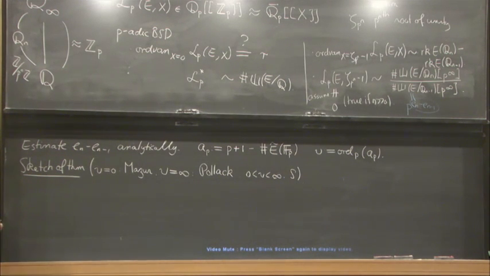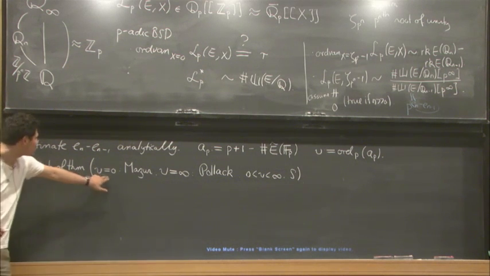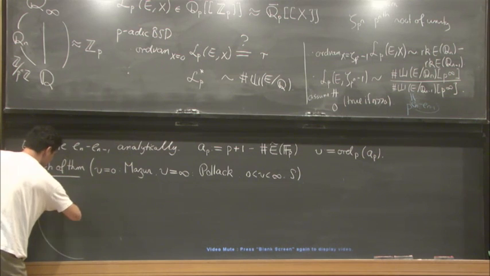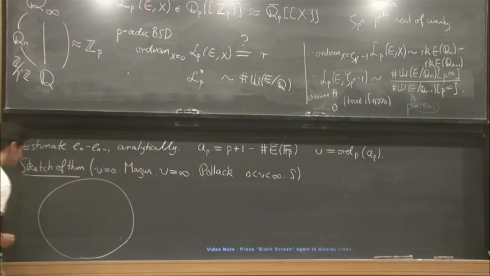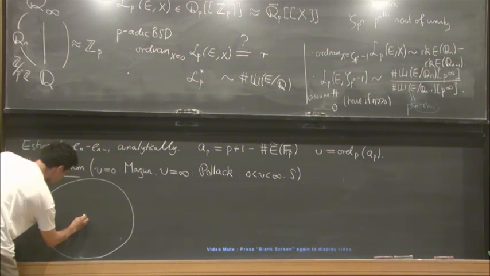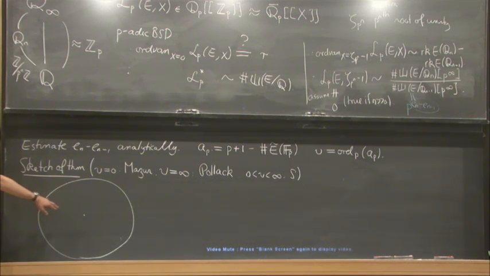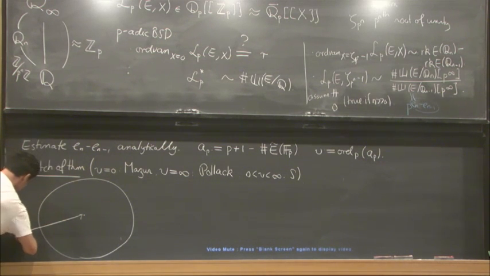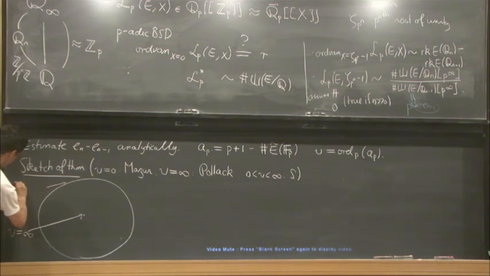So if you choose v somewhere between 0 and infinity, you can think of a sub p sitting inside the unit p-adic disk. So for example, if you're in the middle of the unit p-adic disk, then a sub p is equal to 0. So the p-adic valuation is equal to infinity. Or you can be on the outer edge, in which case the valuation is equal to 0.